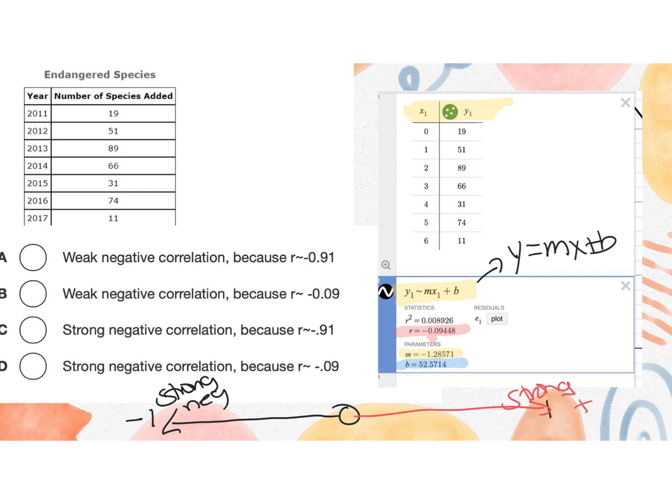So since here we have a correlation of 0.09 on the negative, let's just say we're about right here, our answer is going to be this one. It is a negative correlation. And since it is closer to that 0 mark, we know that it's weak.